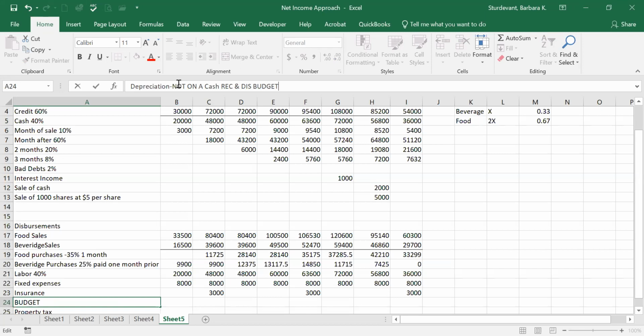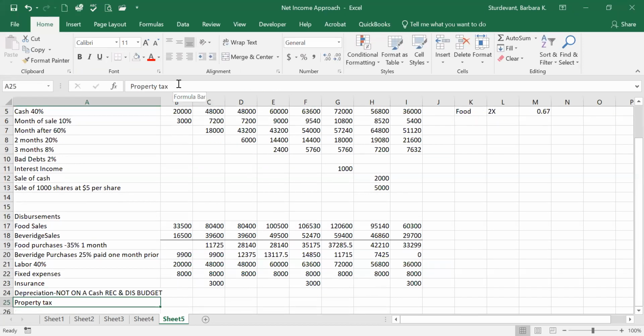Yeah, we're not actually getting anything. No outlay of cash. So depreciation does not belong there. I'm just putting it in here so that you know to not put it in there when you do yours.